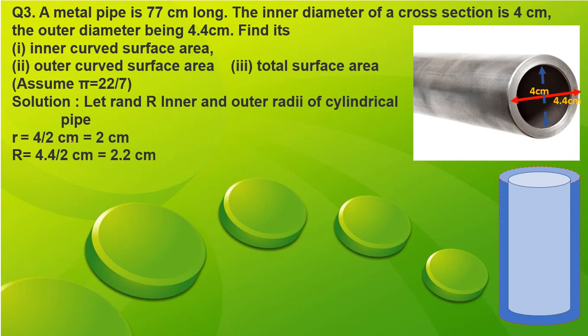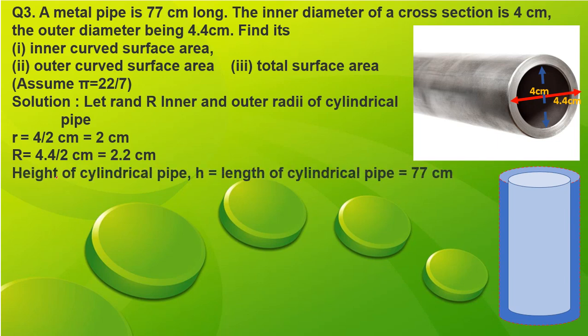So radius of the smaller circle is 2 centimeter and radius of the outer circle is 2.2 centimeter. Now as it is given the length of the pipe, this total length is equal to height. So we can say the height of the cylinder is 77 centimeter.